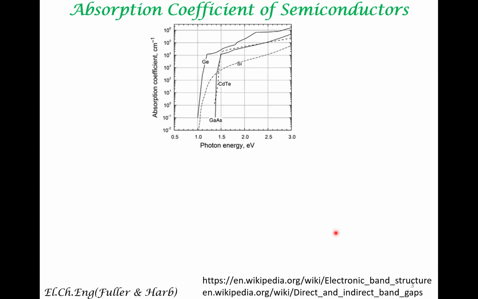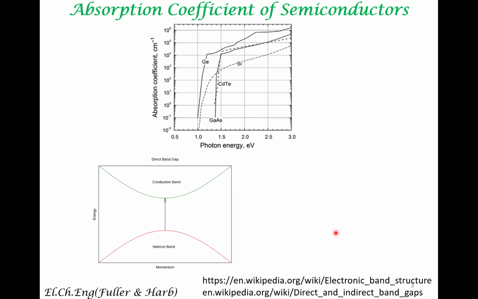Another important feature of a semiconductor is the absorption coefficient. Why do some semiconductors have a greater absorption coefficient? Why do some others have a lesser absorption coefficient in general? This is critically to do with whether it is a direct band gap semiconductor or an indirect band gap semiconductor.